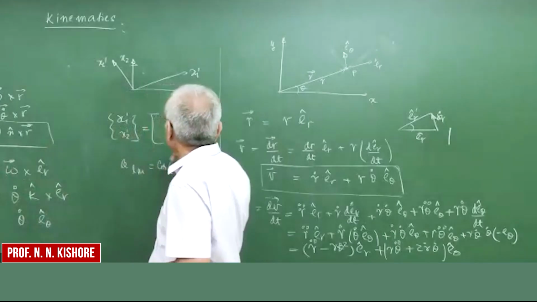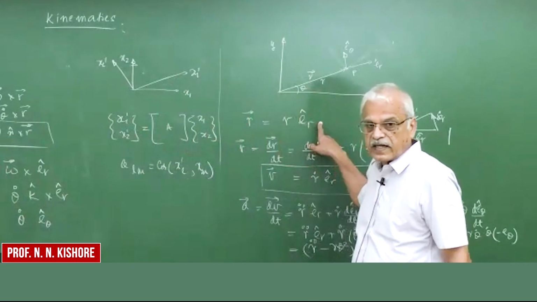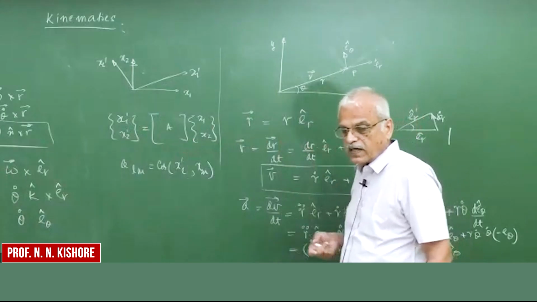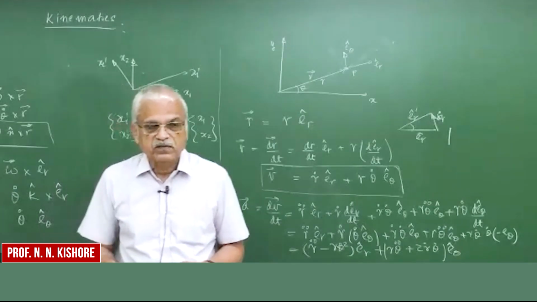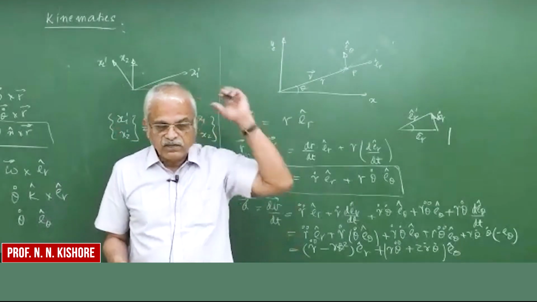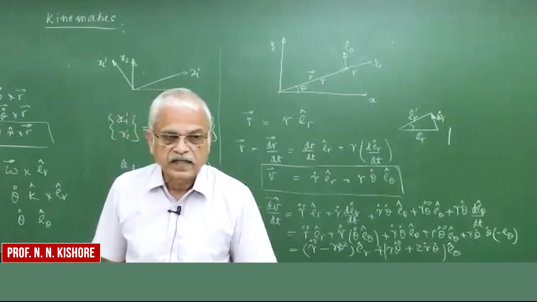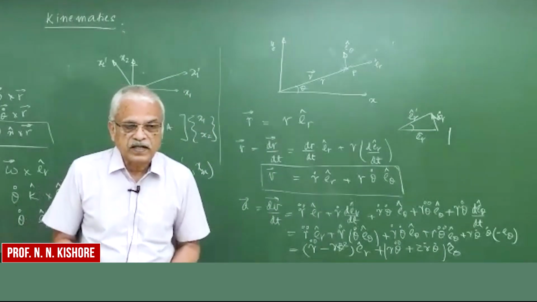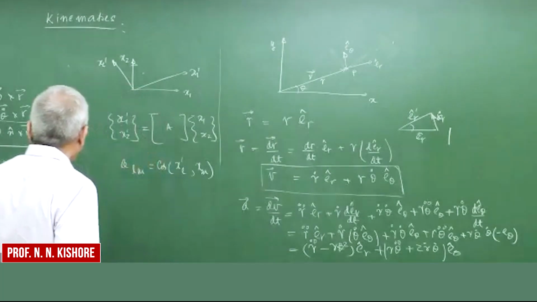You have to put it here, plus z k, a third direction. If you want to take a derivative, it is z dot k. k doesn't have any time derivative, it's constant. With one more derivative, it just becomes z double dot k, nothing more than that. So cylindrical coordinates are no different from polar coordinates.